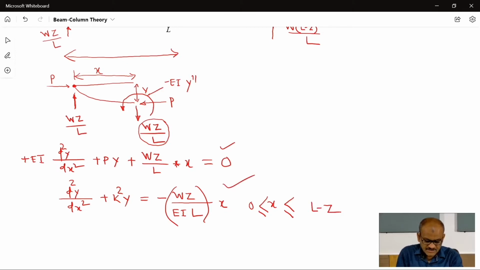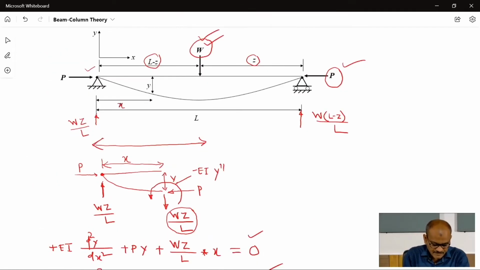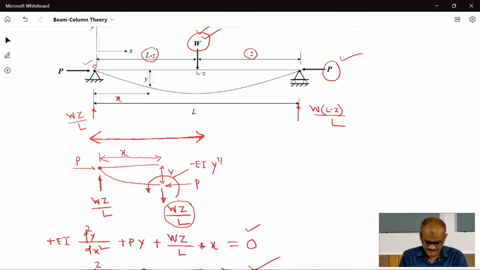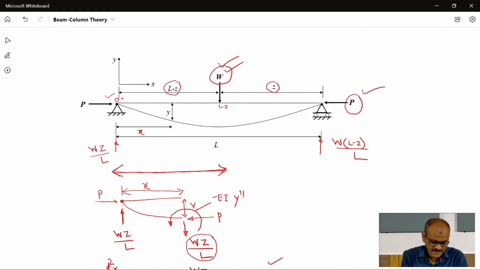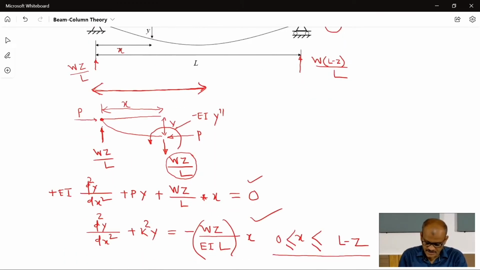This equation is valid from x equal to 0 to x equal to L minus z, up to this point only. It includes this point and also this point. Because of that I have written x greater than or equal to 0 and less than or equal to L minus z.